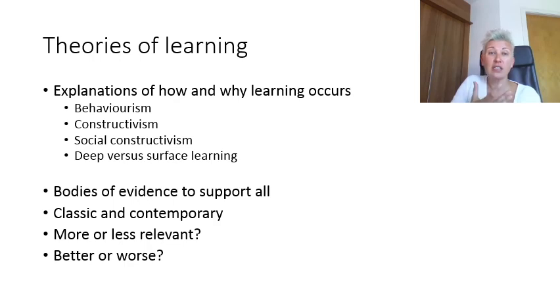A theory that's really appropriate for your research might not be appropriate for somebody else's. So it's important to recognise that these theories are not necessarily better or worse than one another, but that some of them might have more potential for explanatory power in the context of your study.